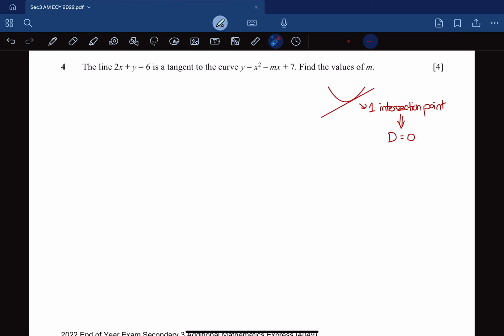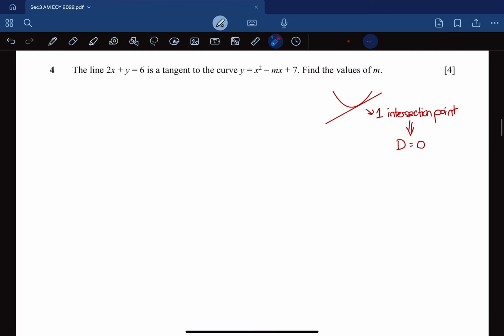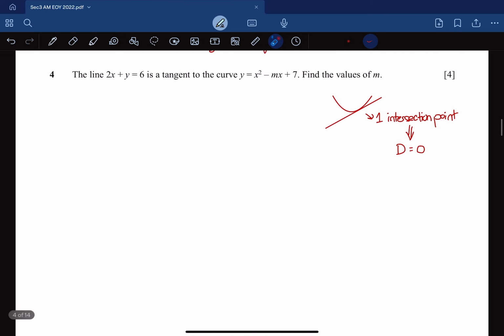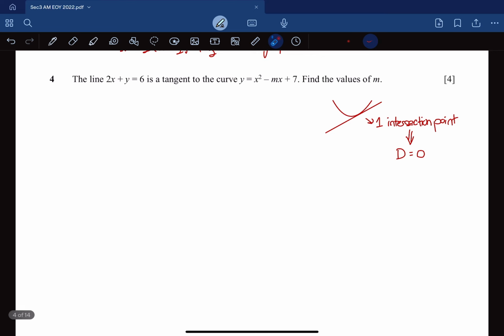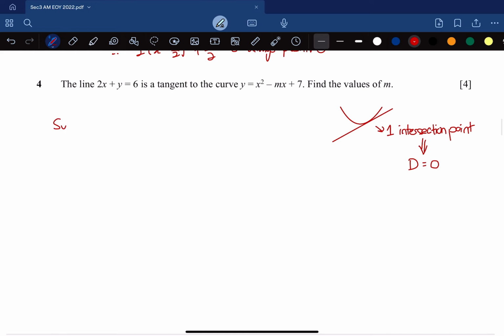You remember, in order to find this tangent and curve intersection, we must equate the two equations together. So over here, what I can do is substitute the equation of the curve into the line.